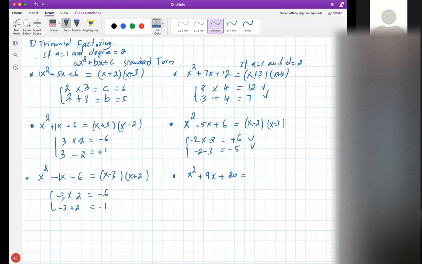Well, before we use that, are these conditions met? Yeah, everybody? So we're going to make sure we do that before we use the parentheses.